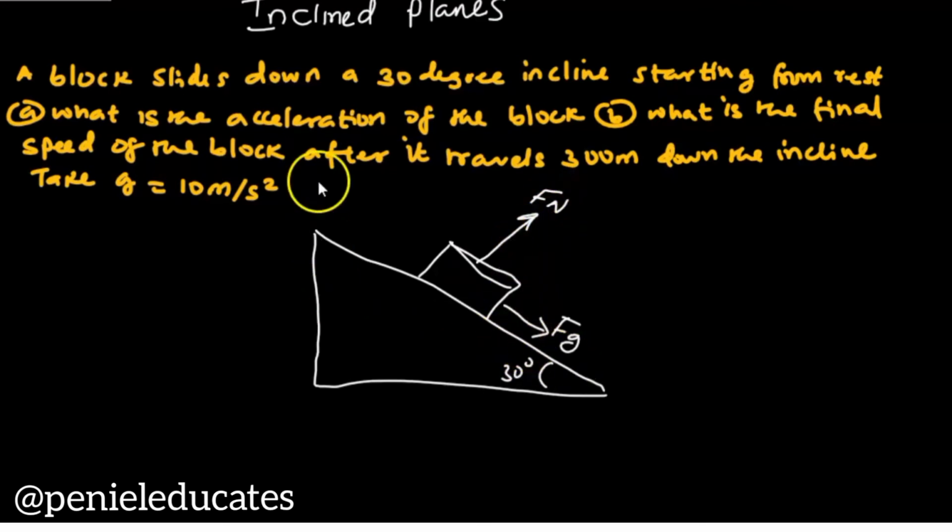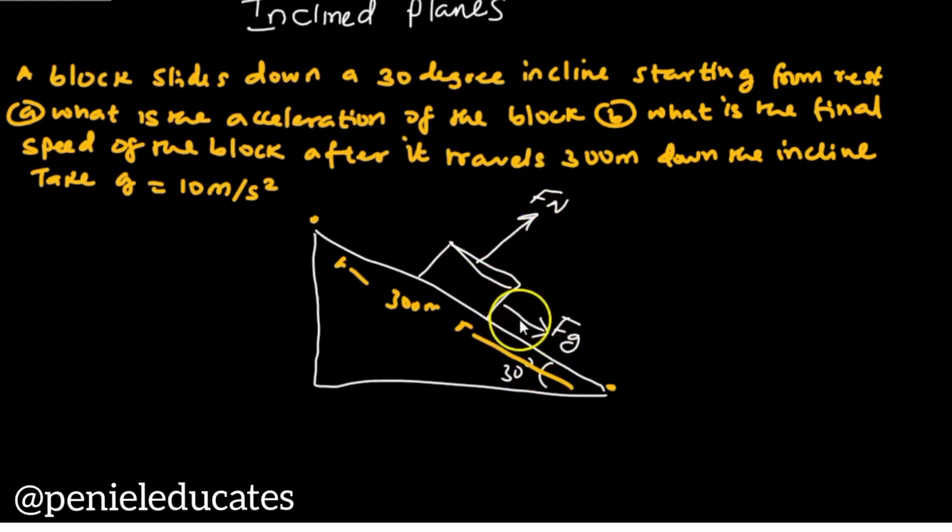From here to here, we are given that it is 300 meters down the incline. Then we have the normal force, which is acting up.